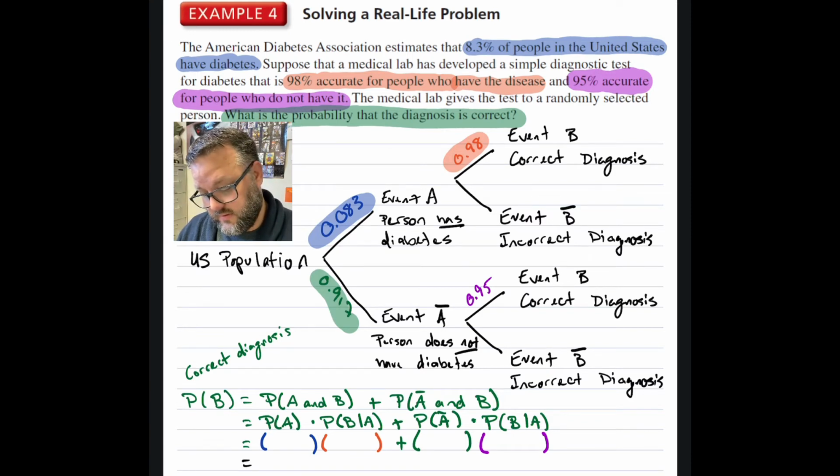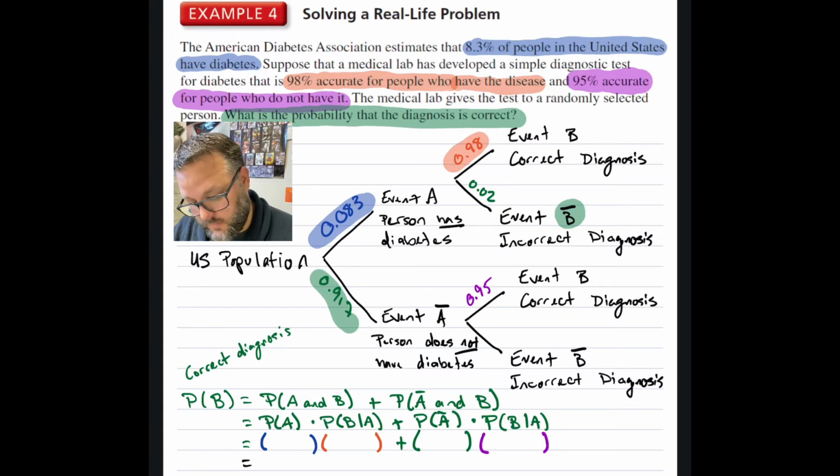Now, if event B is that you have a correct diagnosis, not event B, that's what the line over the B means right here. Not event B really means that if B is a correct diagnosis, then not B is an incorrect diagnosis, and you have a 2% chance of being diagnosed with diabetes and it being a wrong diagnosis.